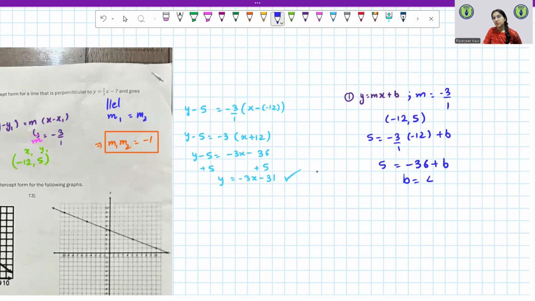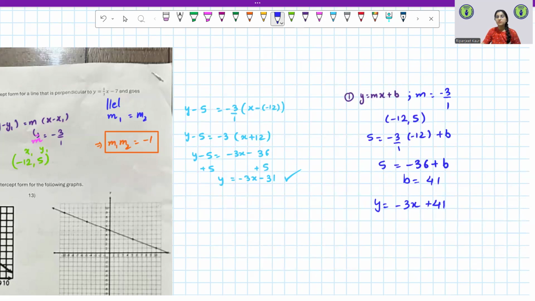Here we are getting b equal to 41. Here we are getting 31. So that's what I was looking at. And with this, we will have our equation y is equal to negative 3x plus 41.